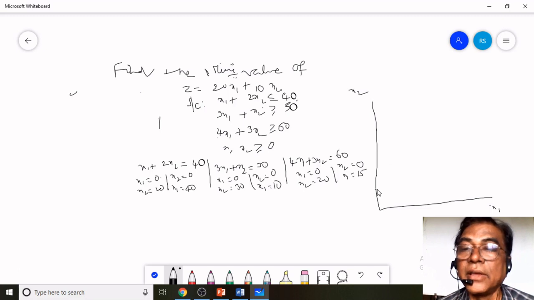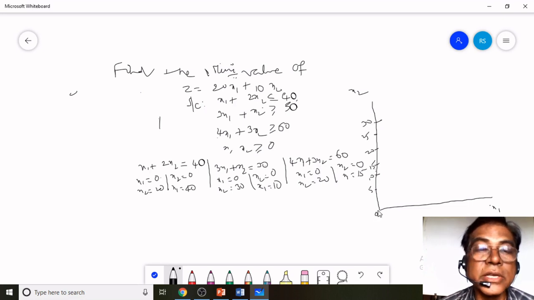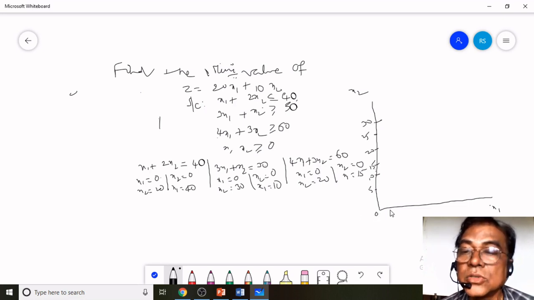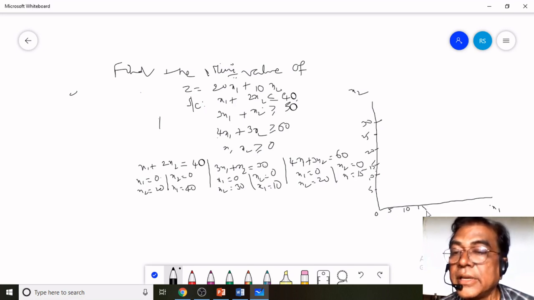For 30, that is 10, 15, 20, 25 and 30. In x, this is the origin point 0. The maximum value in x1 is 40. So again 5, that is 10, 15, 20, 25, 30, 35, and another one is 40. So this is the x1 value.